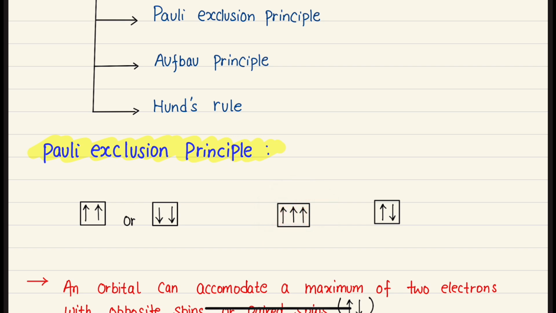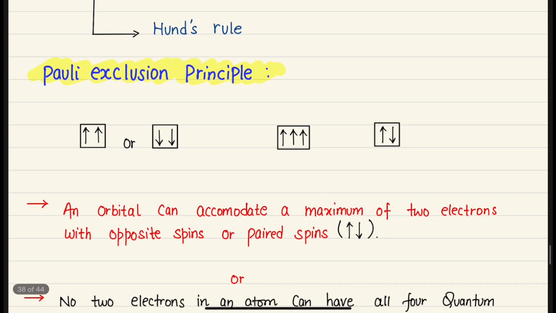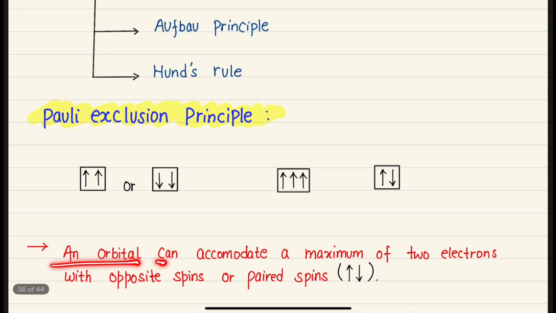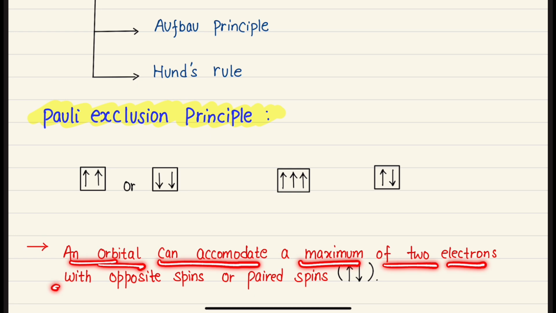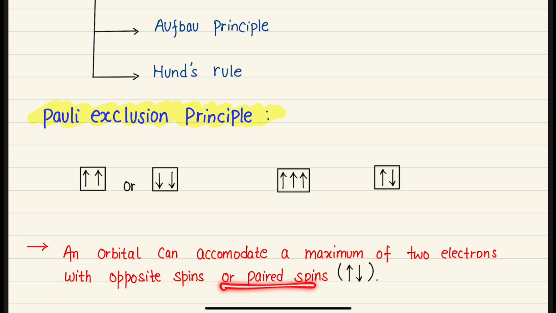So what does the Pauli Exclusion Principle mean? What does it say? Pauli says that an atomic orbital can accommodate a maximum of two electrons with opposite spins or paired spins. That is shown like this. Understood?